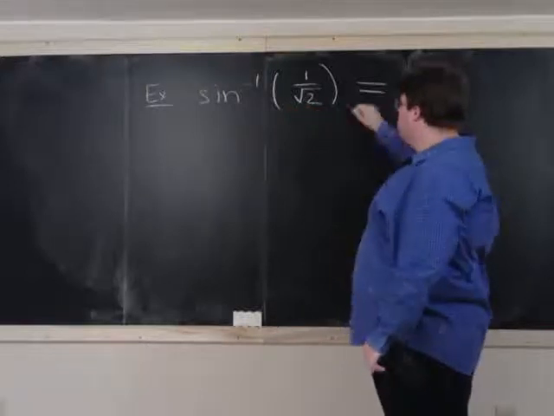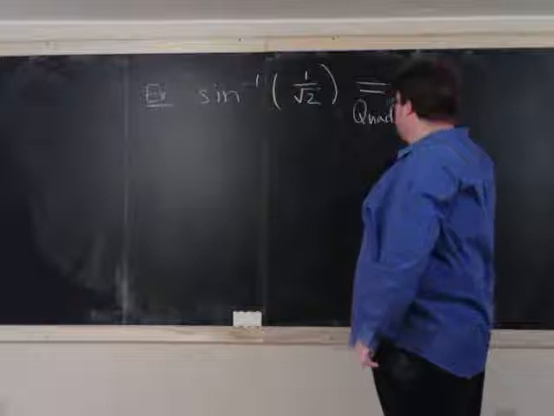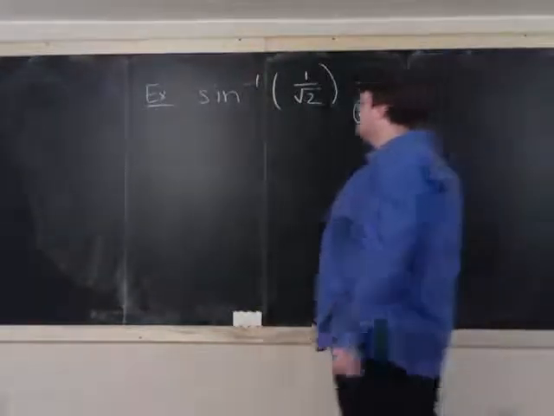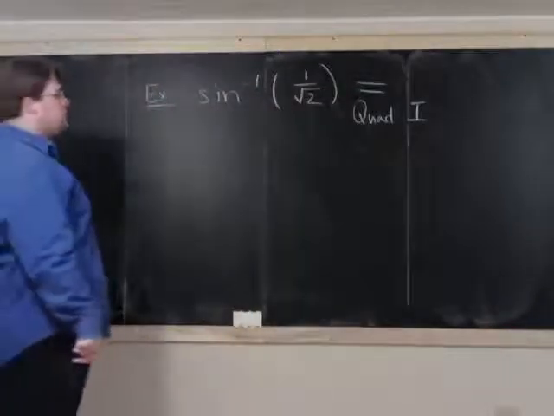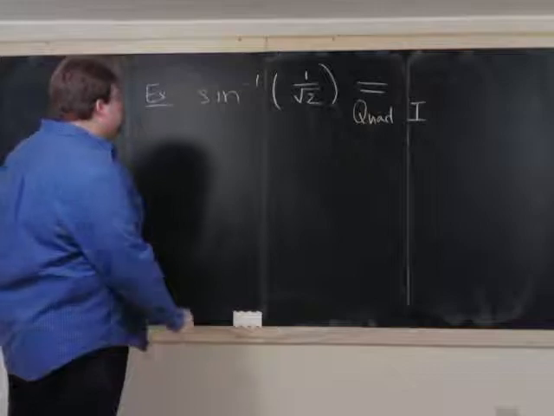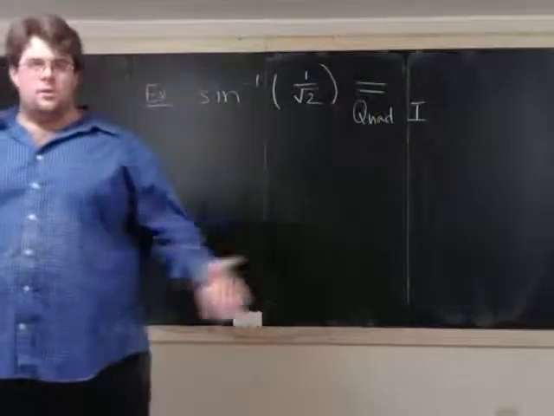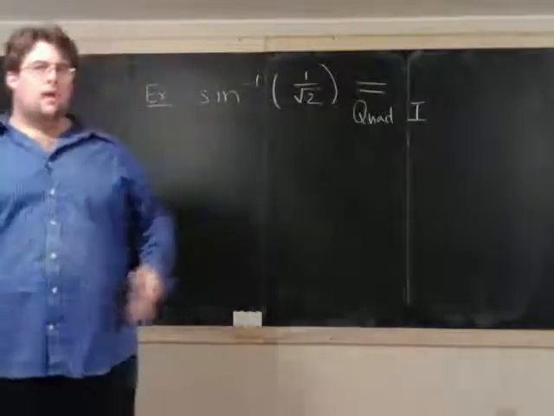So our answer will be in quadrant 1. We know this is going to be in quadrant 1 because it's inverse sine of a positive number. Now we just have to figure out which angle in quadrant 1 this takes as, remember, trig functions take angles as the input and throw out numbers. Inverse trig functions are going to take numbers and throw out angles.